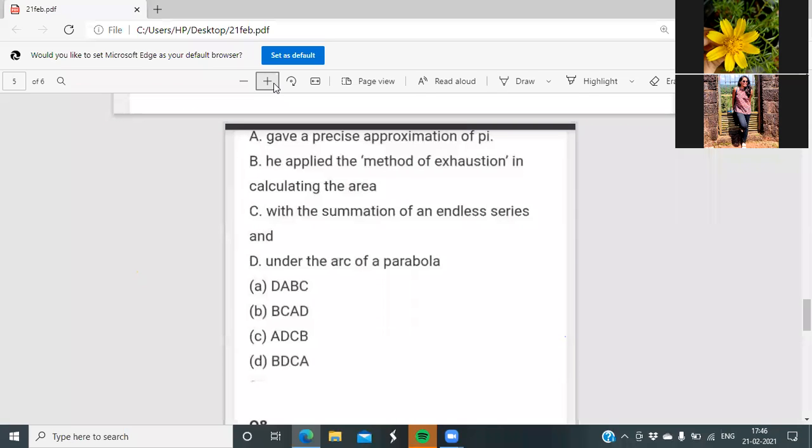Why I feel you guys got confused is because under the arc of a parabola, there should be a reason associated, right? There should be something that is explaining it. Always we have questions first and then we have answer, right? So similarly here, under the arc of a parabola might be considered as a question. That's the reason we are specifying how he calculated. Under the arc, he calculated. You're getting?